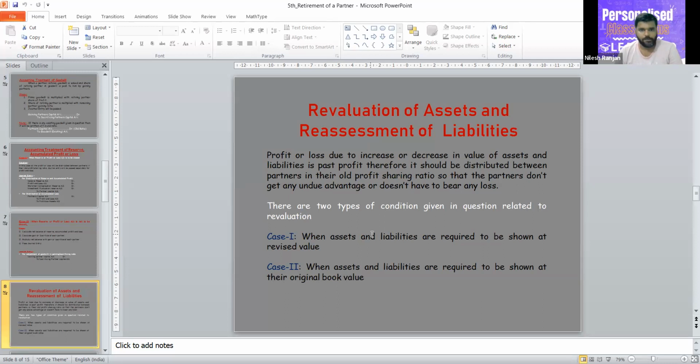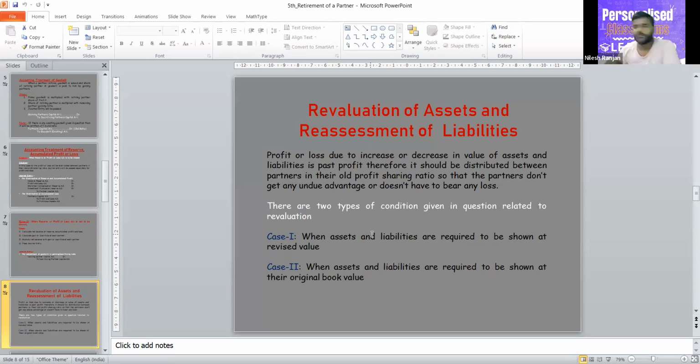Now the next line. There are 2 types of conditions given in questions related to revaluation. The first one: when assets and liabilities are required to be shown at revised value, and the second: when assets and liabilities are required to be shown at their original book value.